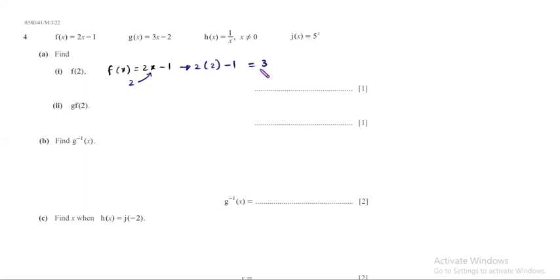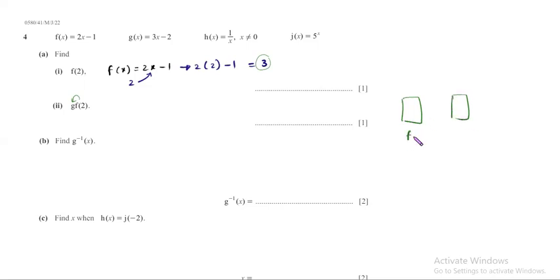The next one that we have is g of f of 2. That means first you need to find what f of 2 is. We already know that f of 2 is 3. The output that you get for f of 2 is sent into the g of x function. So it's like you have a function machine, and you have another function machine.